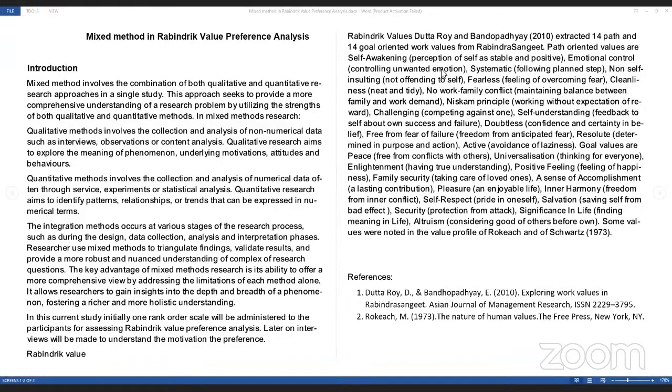Next is the method. So you have to write how you have collected the sample and what their age, education, and relation are. After that, the description of the instrument.